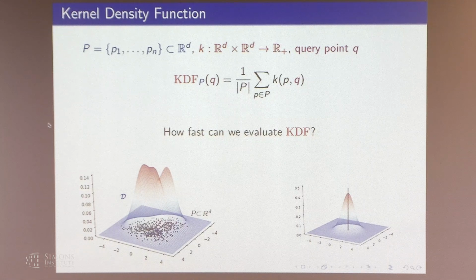I'm not going to spend very much time on motivating the problem, but let me just say briefly that this kind of question arises, for example, in non-parametric statistics, where you have a data set that comes from some unknown distribution, and you'd like to figure out what this distribution is. This is one class of non-parametric method that's used to figure out what this distribution is.